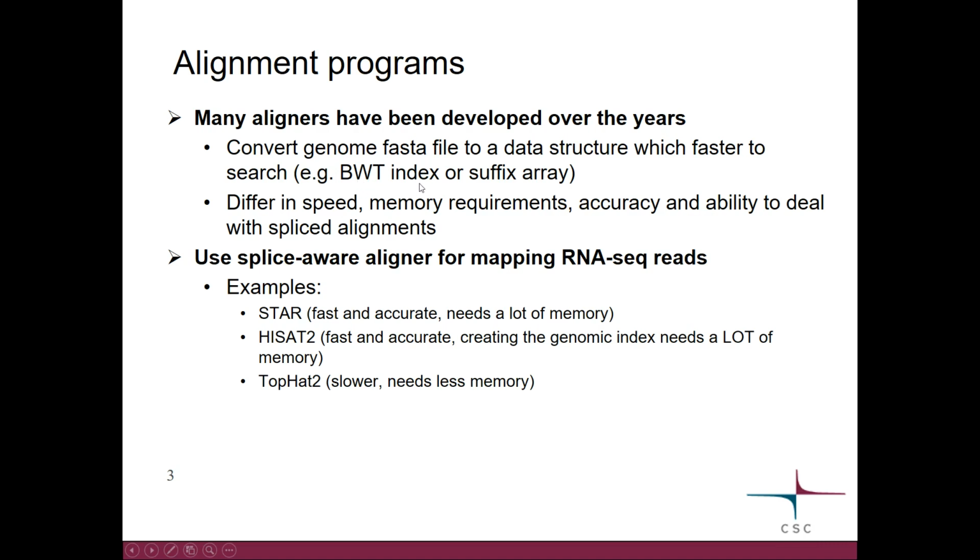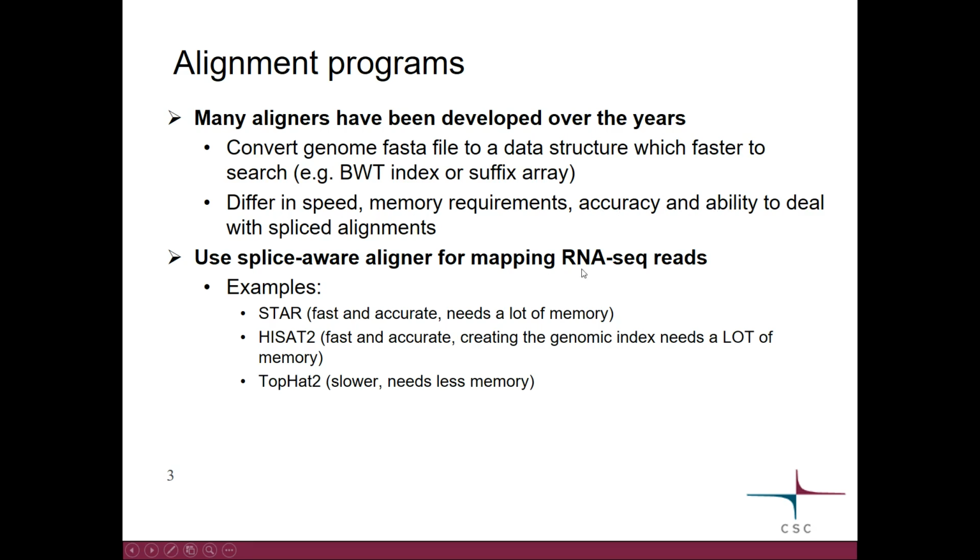Some of these aligners use the so-called Burrows-Wheeler transform index, and some are based on a suffix array approach. The aligners differ in their speed, memory requirements, accuracy, and the ability to deal with spliced alignments.